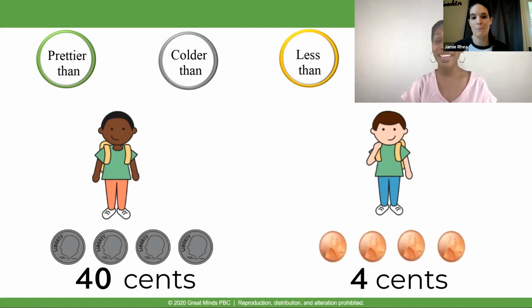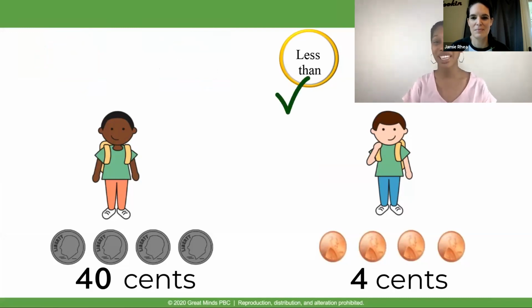Point to the button that you think is correct. We can say that 4 is less than 40. Silly Miss Duckett. Of course we can't say that 4 is prettier or colder than 40. As mathematicians, we would say that 4 is less than 40.